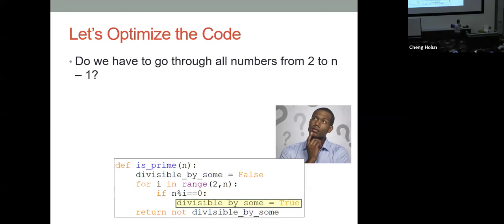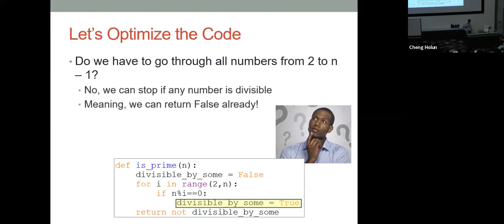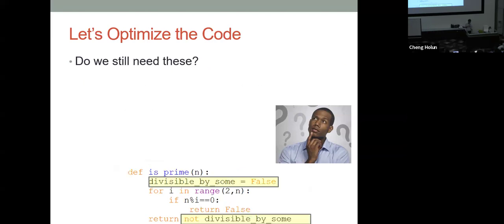I can abort and escape. Ta-da, here. I can directly say if some number is divisible, return. What does return do? In the tutorial we mentioned, right? Return will totally stop the whole program, go out and give you the outcome, which is false. So the loop will not go on; it's like abort loop. So I don't need to go through the rest of the numbers.